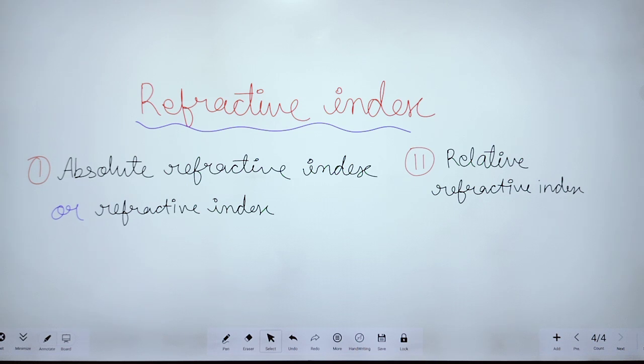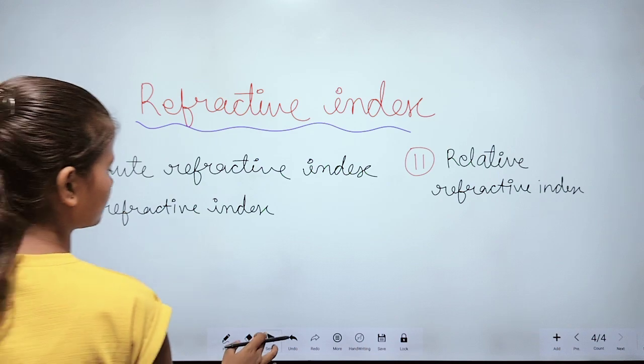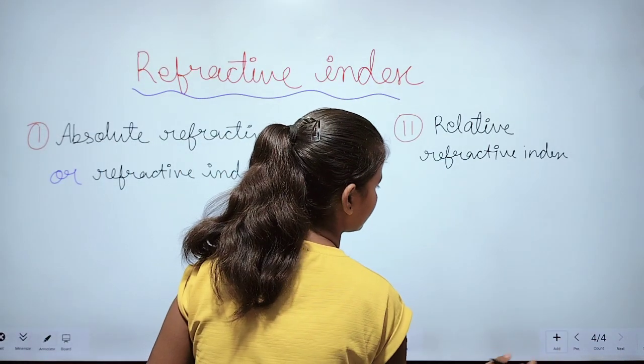Now let's see the formula of absolute refractive index.